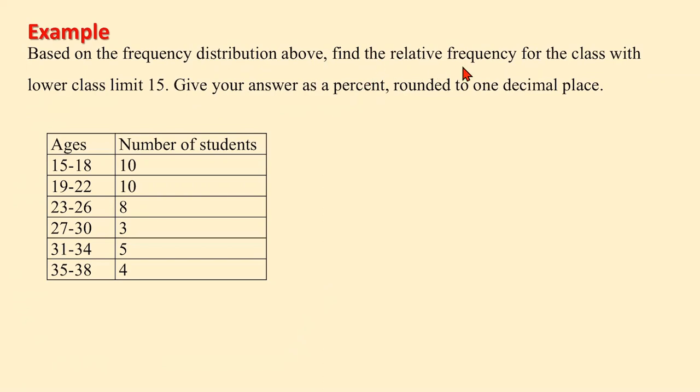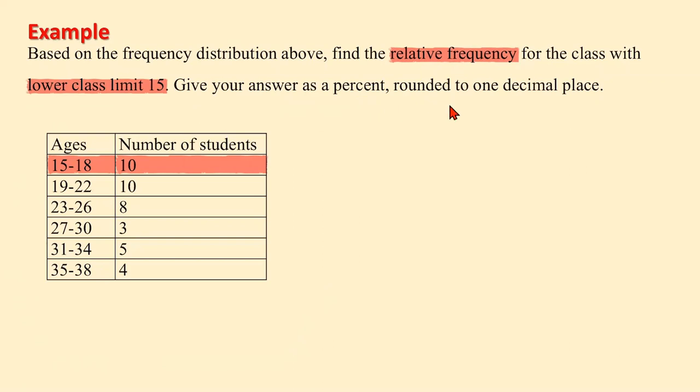As you can see here, we are looking for the relative frequency for the class with lower limit 15. If we look at this table, the class with lower limit 15 is this one because it is from 15 through 18. So that is the class, and we need to find the relative frequency for that.